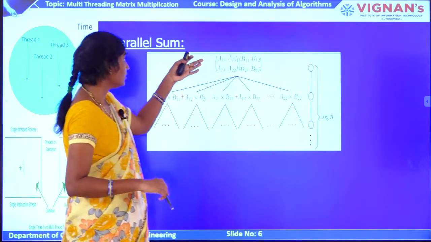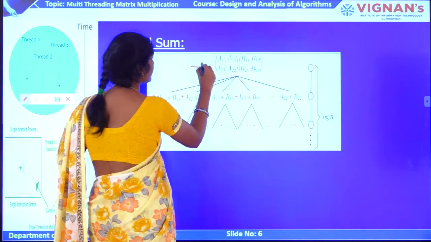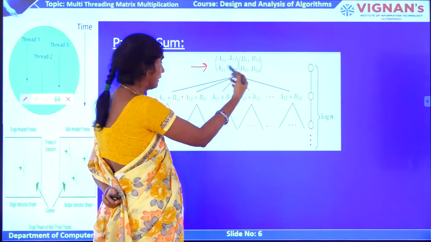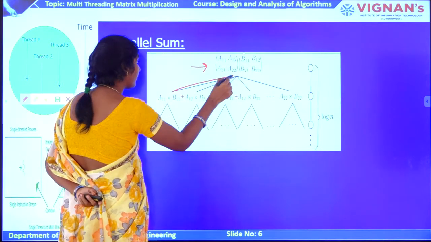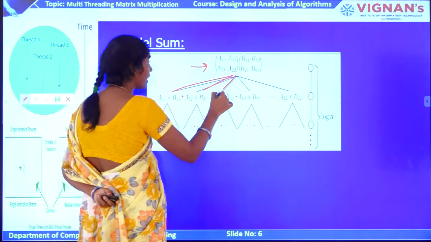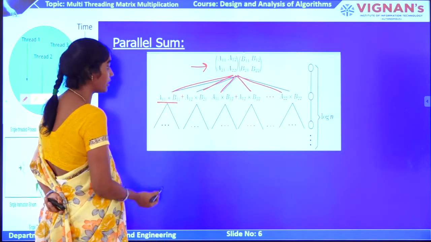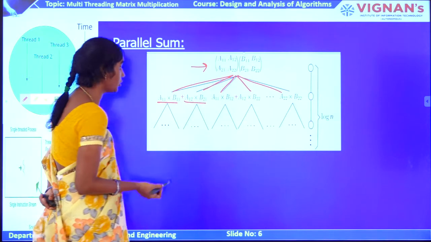Okay. Now how to achieve this parallel sum? Initially this is your matrix, two matrices which we are going to multiply, right. Here I am having several terms whenever we want to multiply, which is A11 into B11, A12 into B21, right.